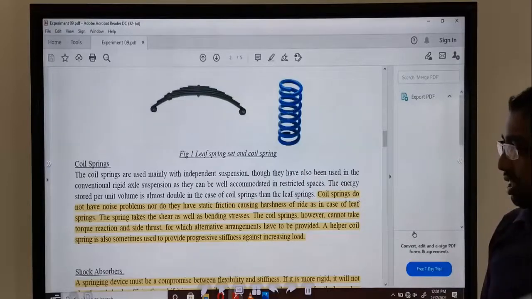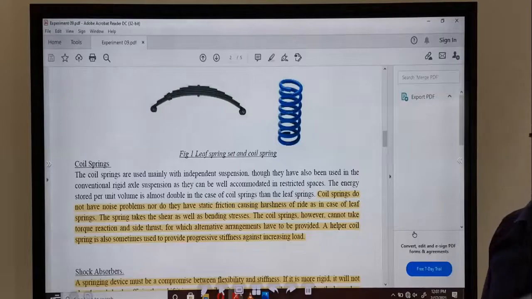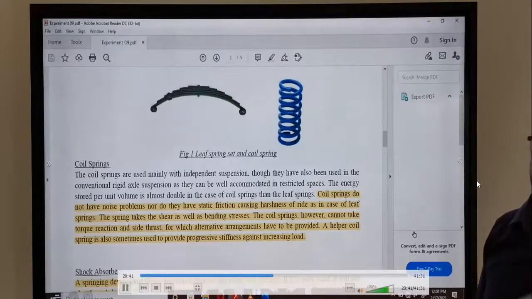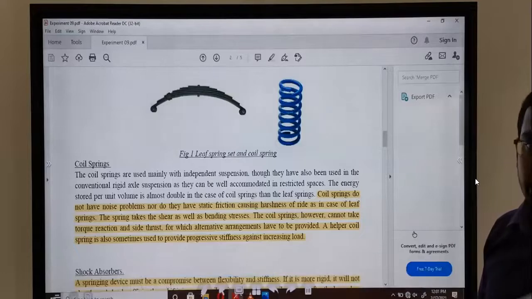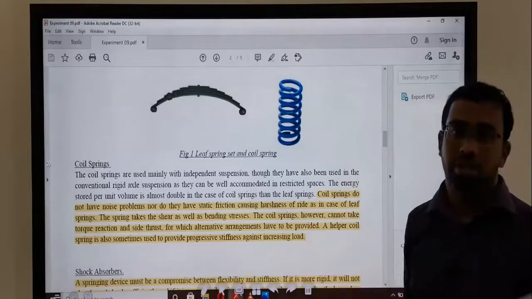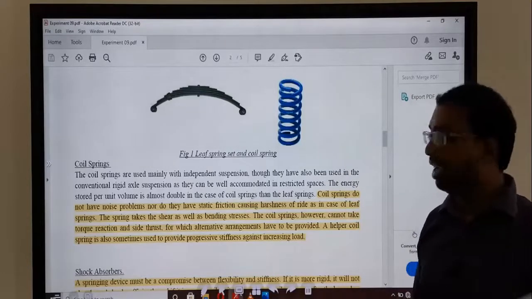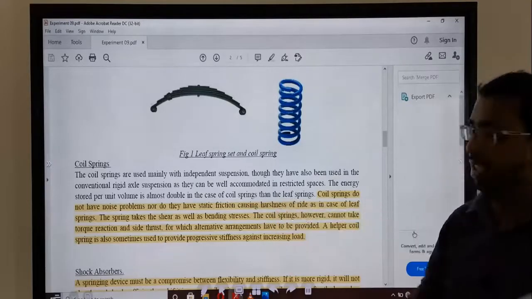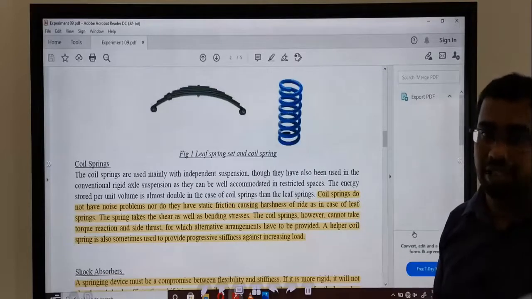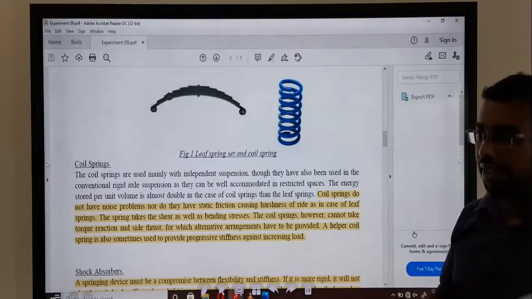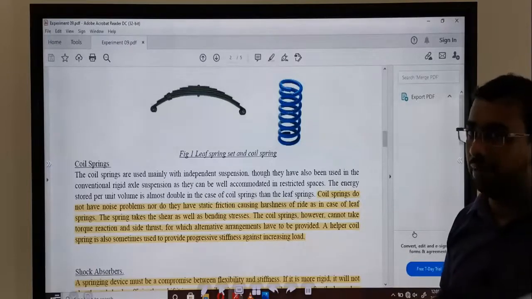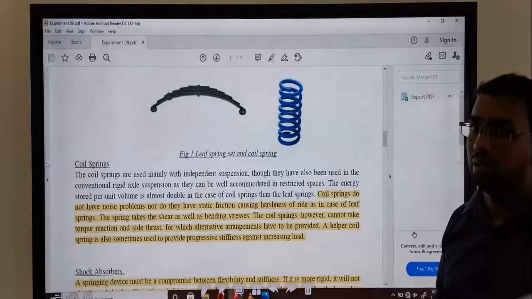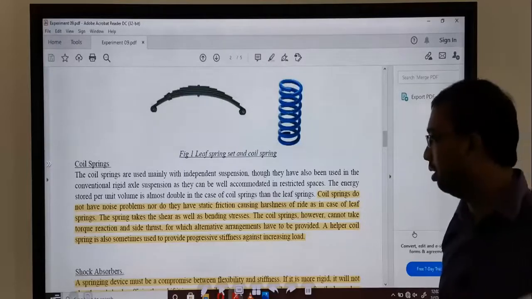So there is a rare opportunity for it to face any breakage. Because of the bending stress, in any rough condition it can bend easily, but it is not going to break.